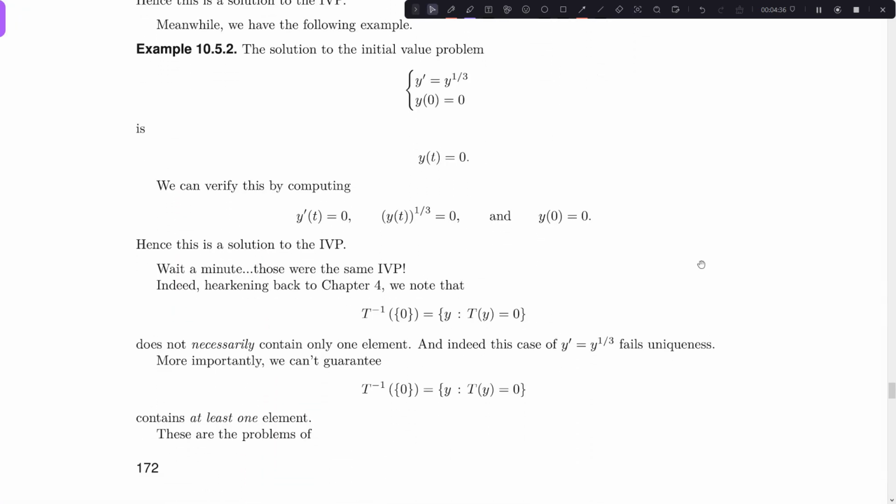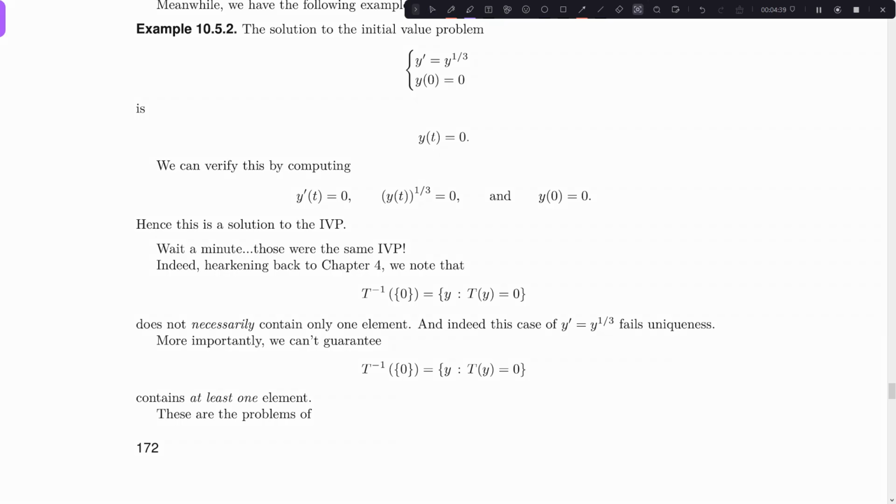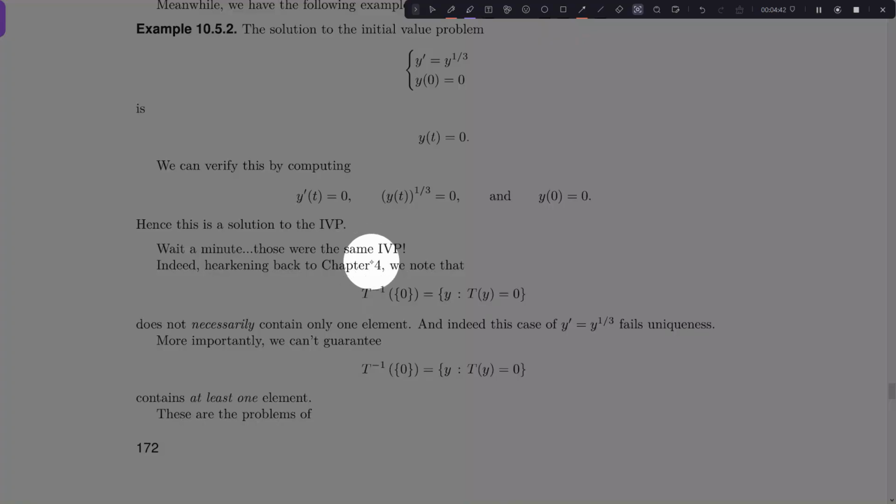This kind of harkens back to chapter 4, when we spent some time on functional equations, and we talked about how all of ODEs was really just finding the preimage of the constant function 0. And we said that the preimage set did not necessarily contain only one element.